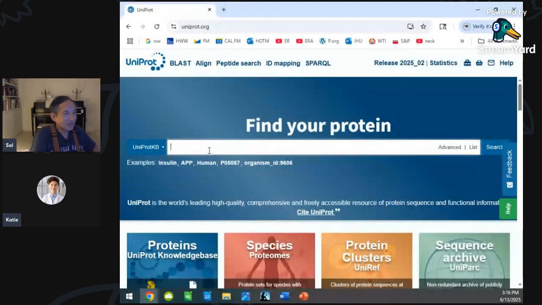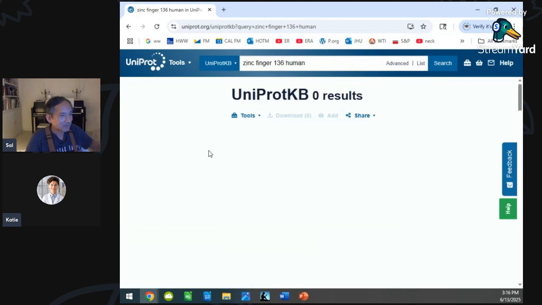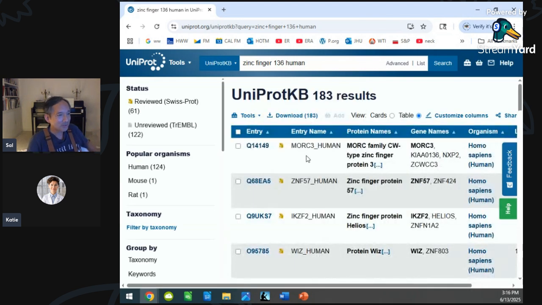Since we just looked at it, ZNF zinc finger 136 human. So I'm just going to show you. So we have zinc finger protein. I was looking for 136.